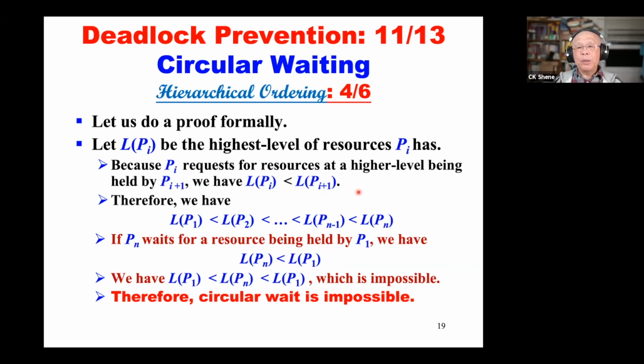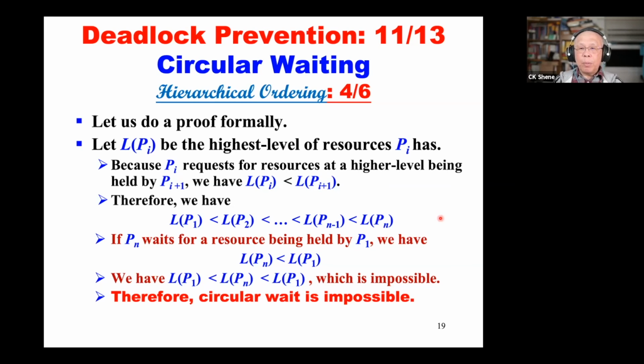Now, because P1, P2, P3, P4, up to Pn are involved in a hierarchical ordering, L of P1 is less than L of P2, and so on. L of Pn-1 is less than L of Pn. So what if we have a circular waiting, that is, Pn waits for some resource being held by P1? Then we know Pn has the highest, and Pn can only go up. That's the level must be even higher.